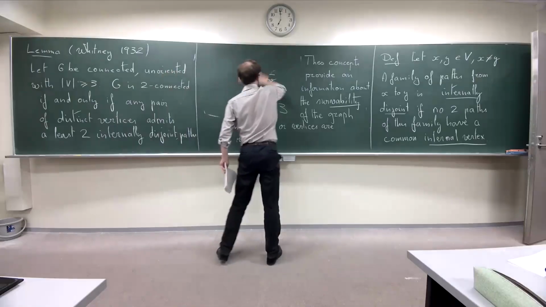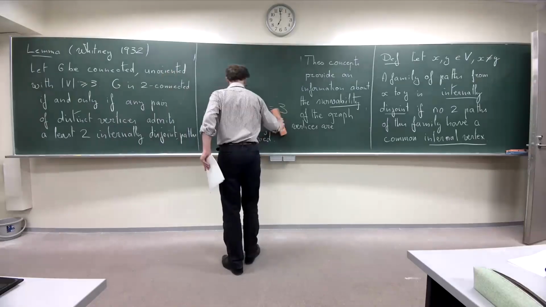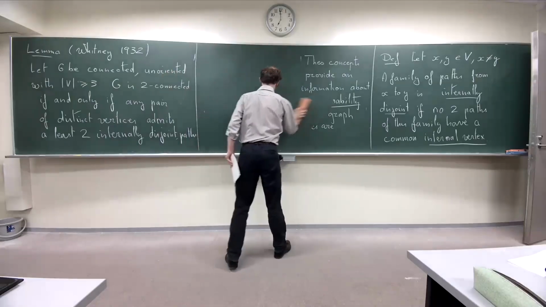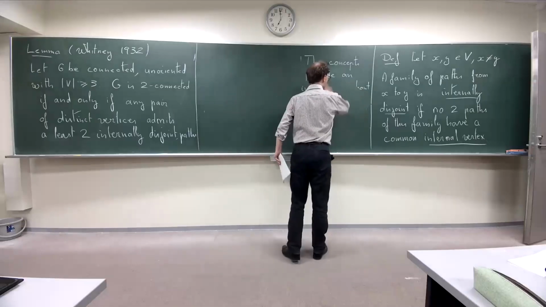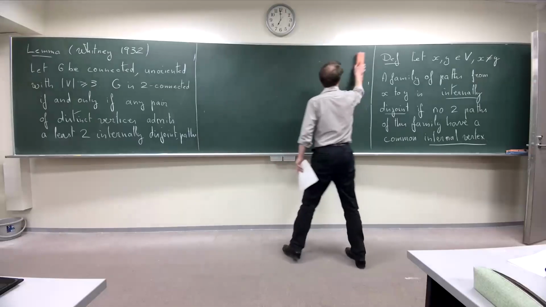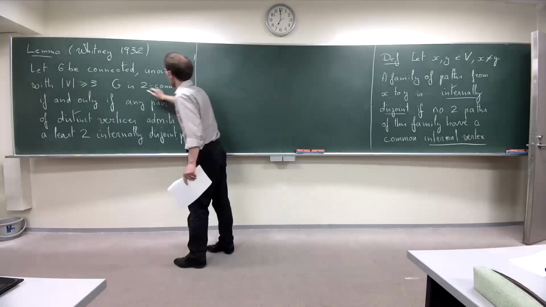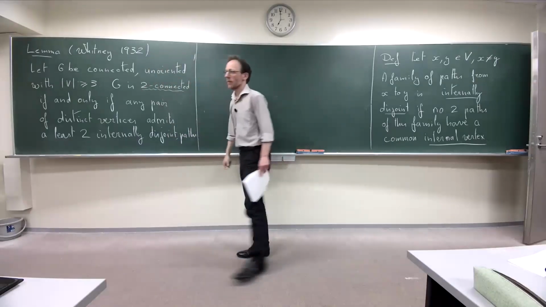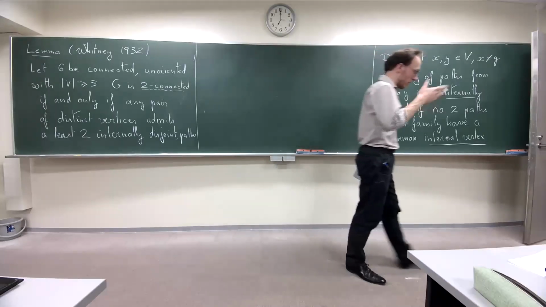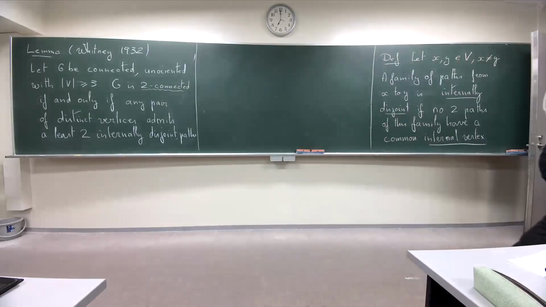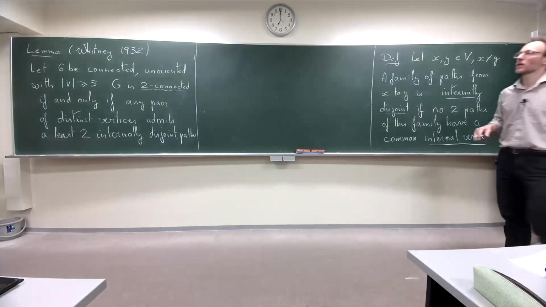So draw your simplest example, and you will see that this is true. You have to remember what 2-connected means. It means that you need to remove at least 2 vertices in order to make it disconnected, or maybe more, but at least 2.